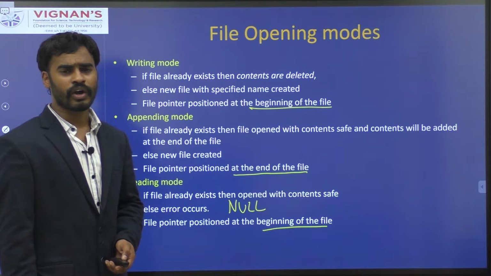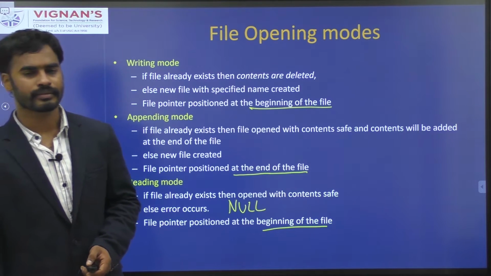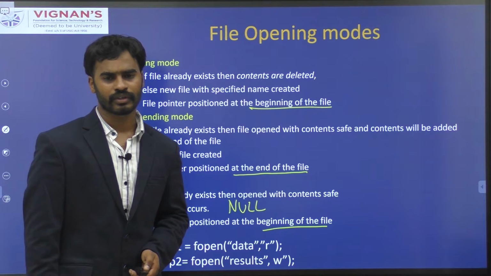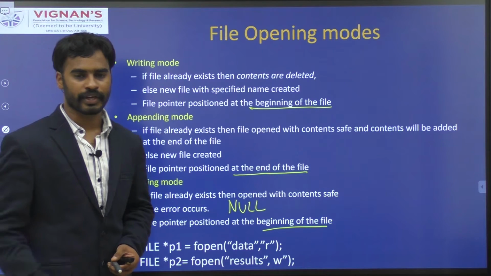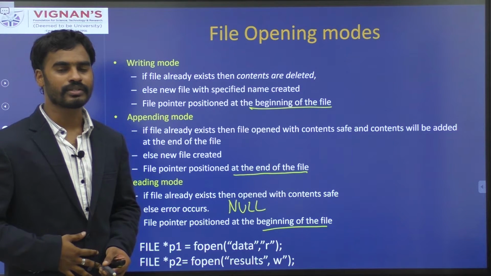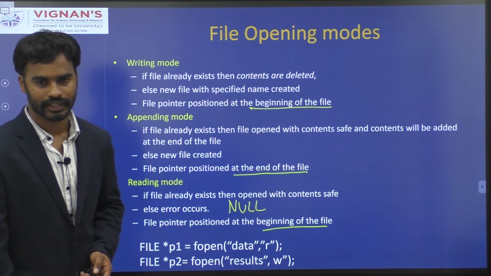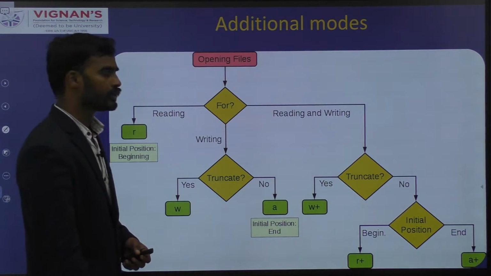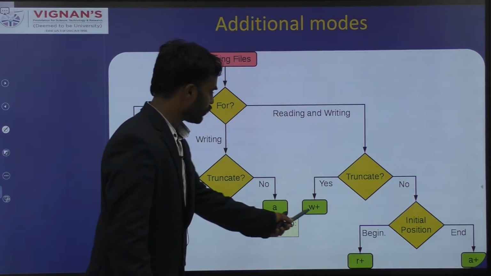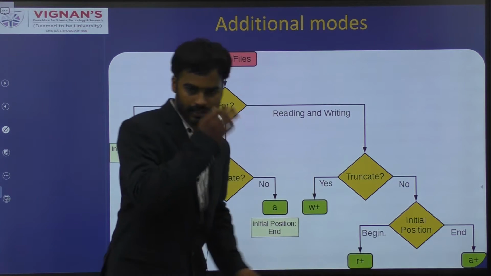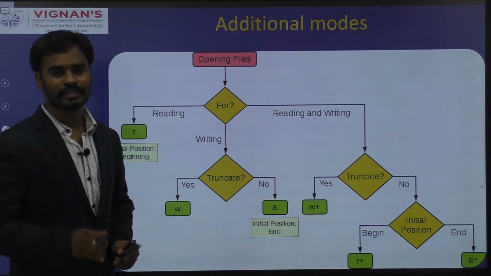So we have 6 modes: R, W, A, R plus, W plus, A plus. Out of the 6 modes, which mode you have to choose for a particular application? That depends on your scenario.